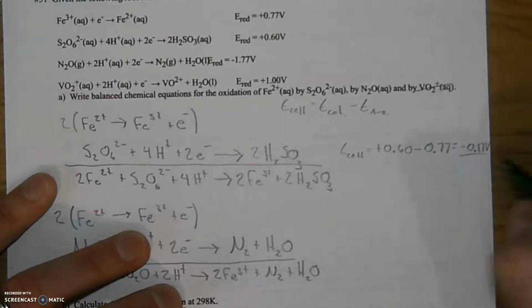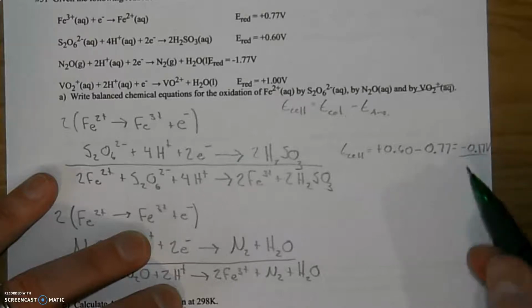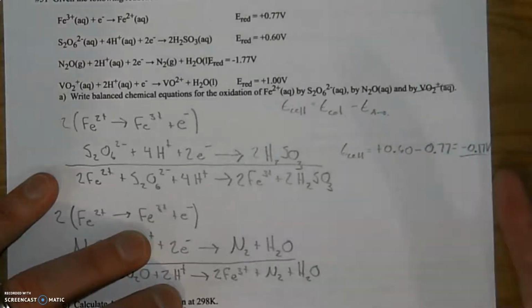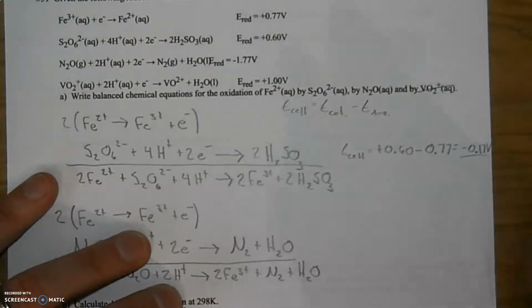The fact that it is negative tells me that this actually doesn't occur. It needs to be positive for this to be spontaneous. So this is telling me this is a non-spontaneous reaction. Fine, that's just what it is.